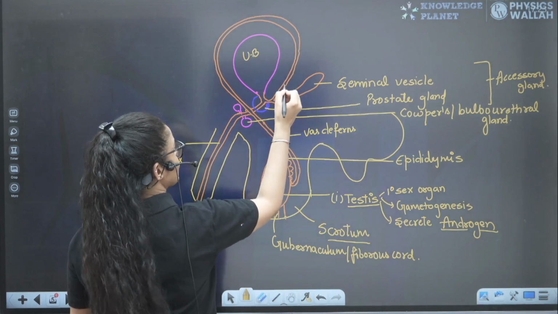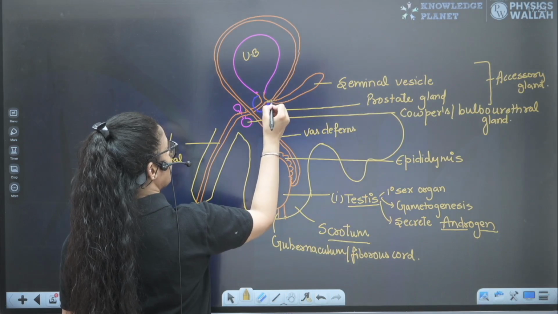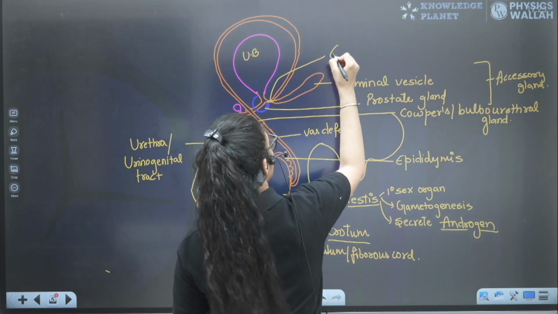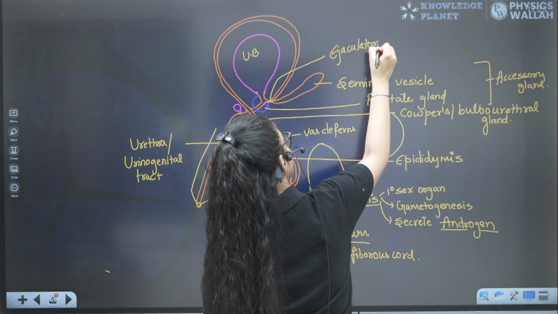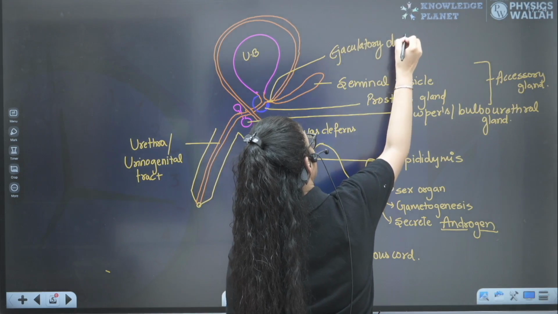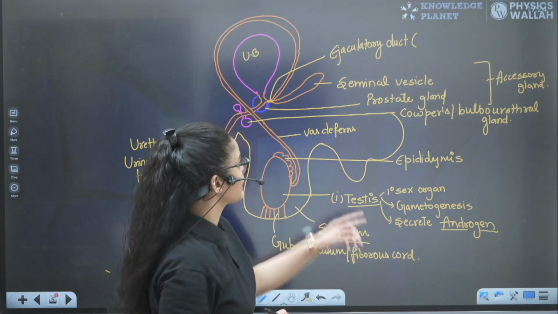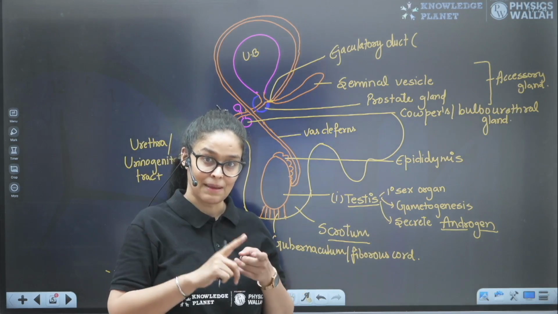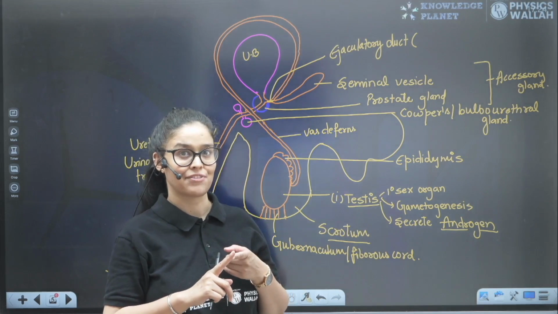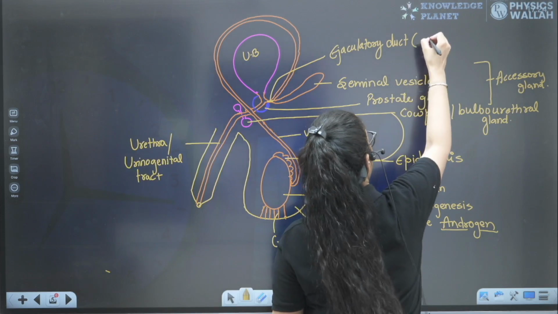This seminal vesicle and vas deferens have a common opening, as you can see, which is known as the ejaculatory duct. And finally, the ejaculatory duct opens into the urethra. So that means this duct is the common passage for the seminal vesicle and the vas deferens, right?